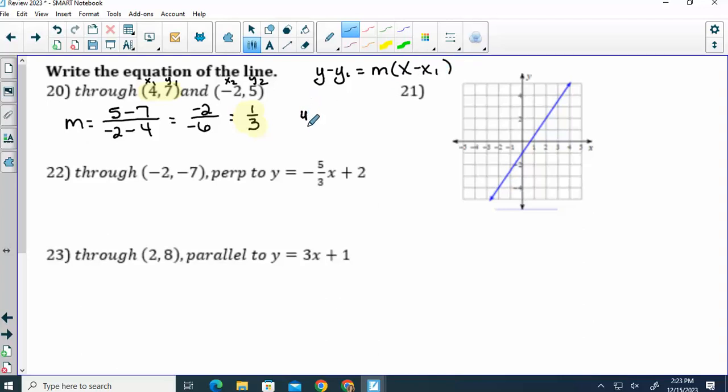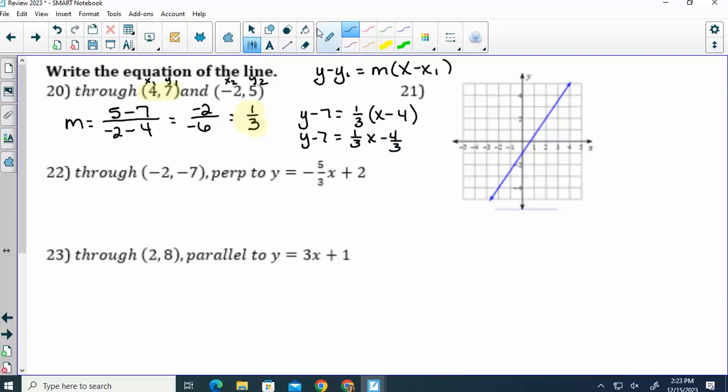We'd say y minus the y value of that point, 7, equals our m, 1/3, times x minus the x value of that point, which was 4. Minus 7 equals 1/3 x minus 4/3.